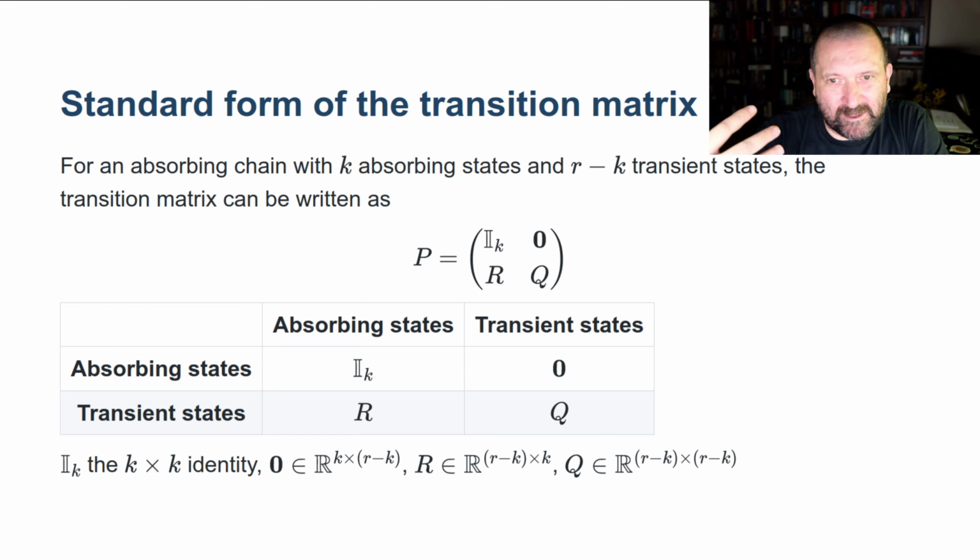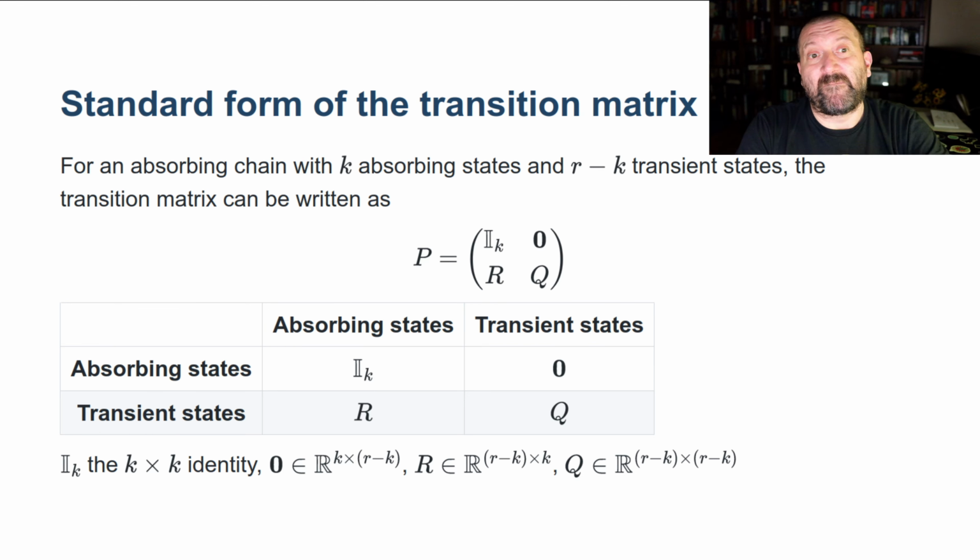Remember, a matrix is irreducible if it cannot be written in block triangular form, and a matrix is reducible if I can write it in block triangular form. Here, what we are going to call the standard form of the transition matrix, or the canonical form, there's a variety of names, is the following.